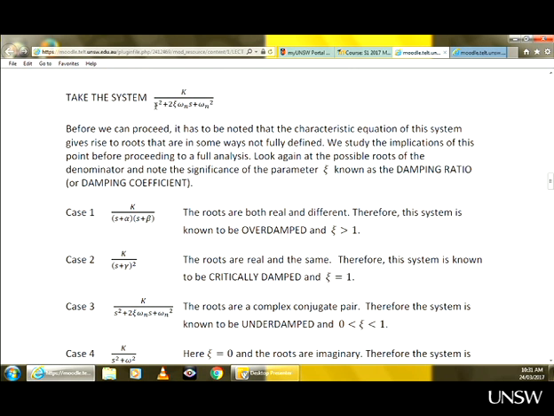So we can factorize this polynomial, so we get s plus alpha, s plus beta. That is possible if psi is greater than 1. Damping ratio is greater than 1. This system is called overdamped system. Please adopt this terminology, new terminology. The system is called overdamped if the damping ratio is greater than 1, or the roots are real and different.